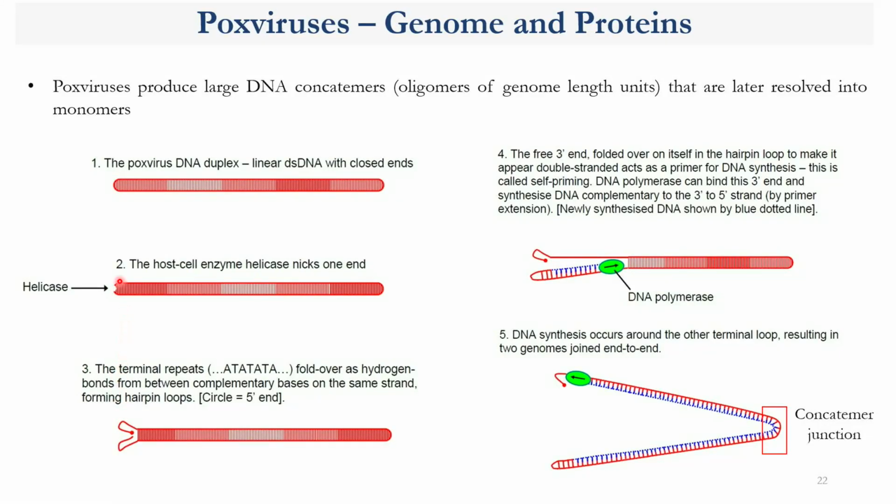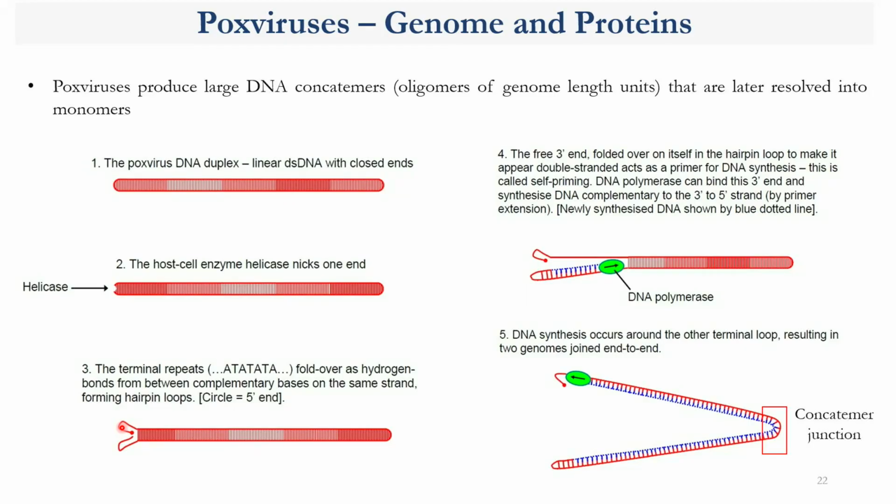And remember we talked about repeated structures here and here on either end? Yes? So these repeated structures, these terminal repeats, they will actually fold over and form hydrogen bonds between themselves, okay? Because these sequences are complementary, because they're repeated structures, you're going to form these hairpin loops on your DNA, okay?